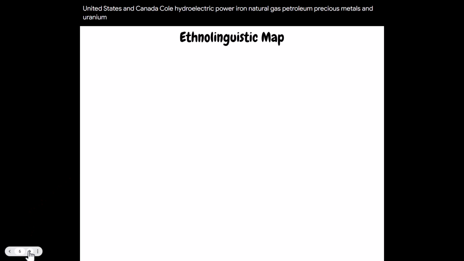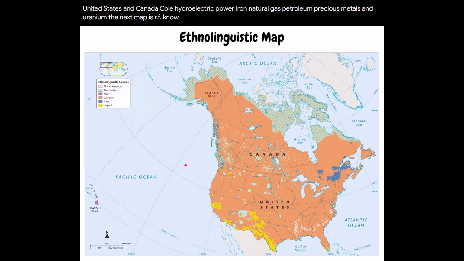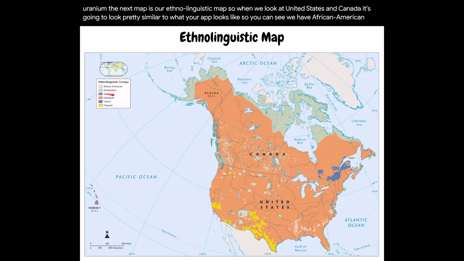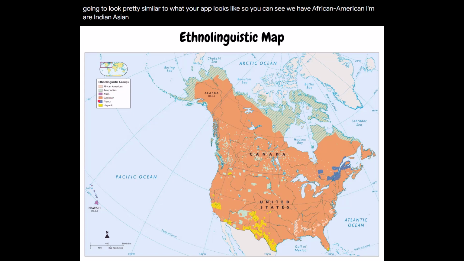The next map is our ethno-linguistic map. When we look at the United States and Canada, it's going to look pretty similar to what Europe looks like. You can see we have African American, Amerindian, Asian, European, French, and Hispanic.